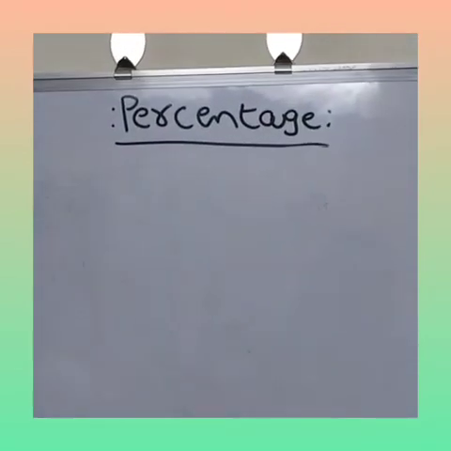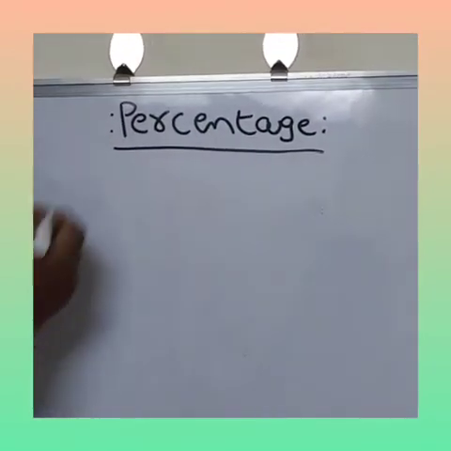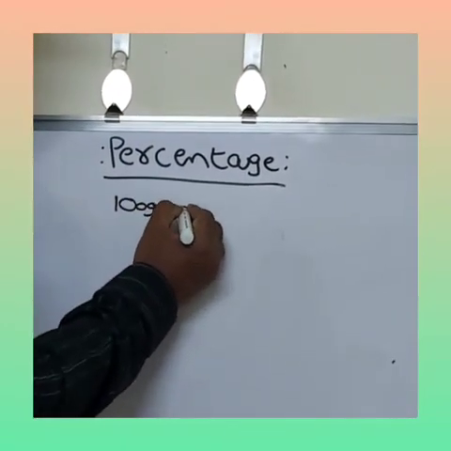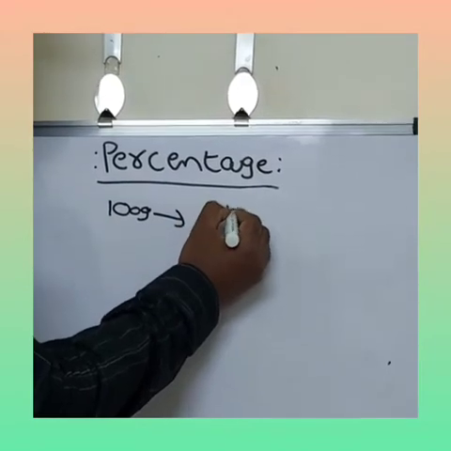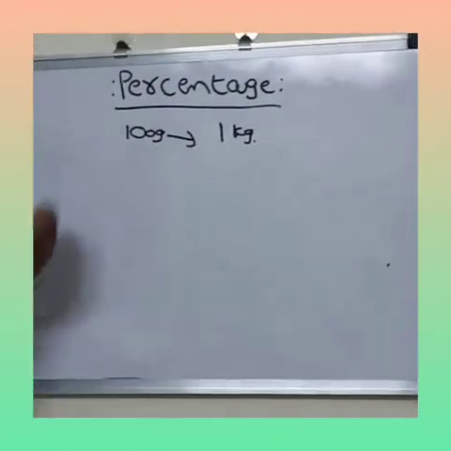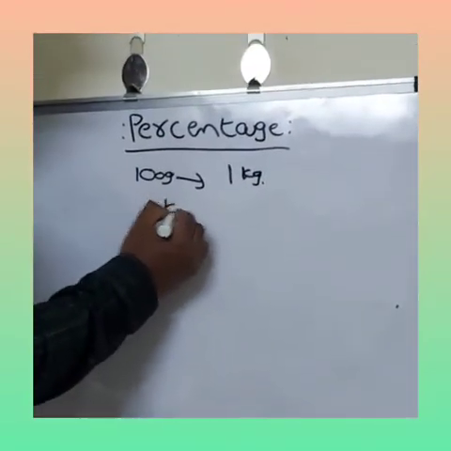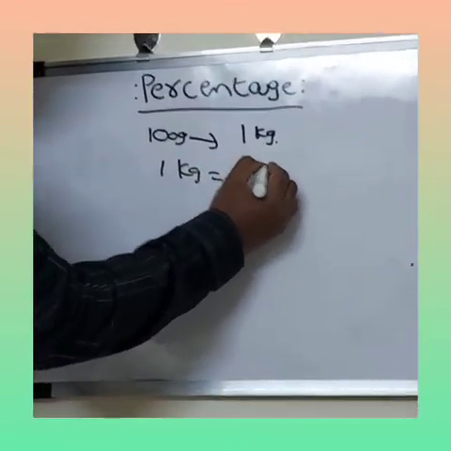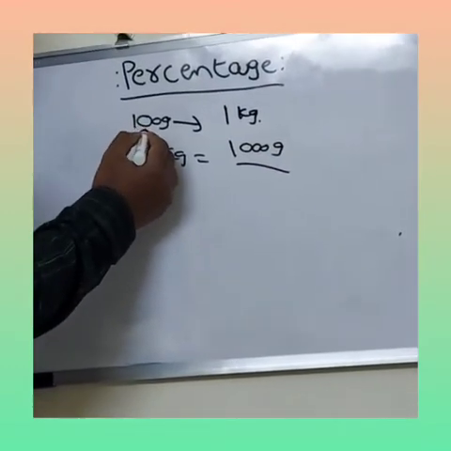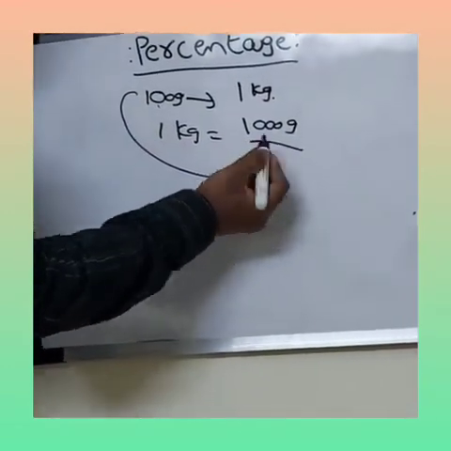Sometimes in many competitive exams you will get problems like this: what is the percentage of 100 grams in a kg? To solve this, first we need to know what 1 kg is. We know 1 kg is 1000 grams. They are asking how much percentage 100 grams is in 1 kg.